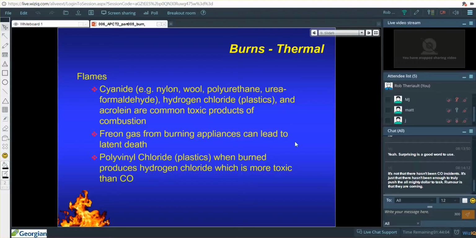But the thing about freon is it can lead to latent death. So patients come out of the fire feeling fine, and then a day or two later die.